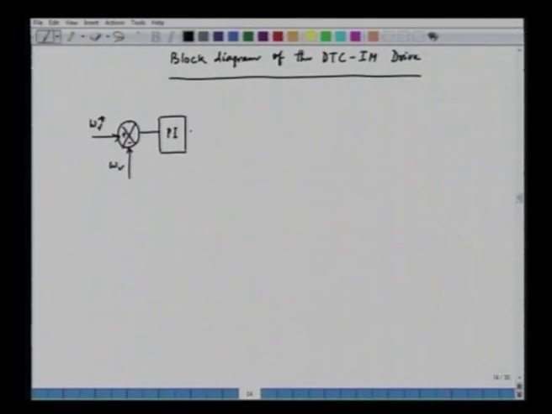It means if the error is more, we should be needing more torque for the acceleration. If the error is positive, the actual speed is less than the reference speed, so we should be having more and more torque. So, the PI controller output is basically the torque reference. So, this is TE star. And this is what we compare with the actual torque.